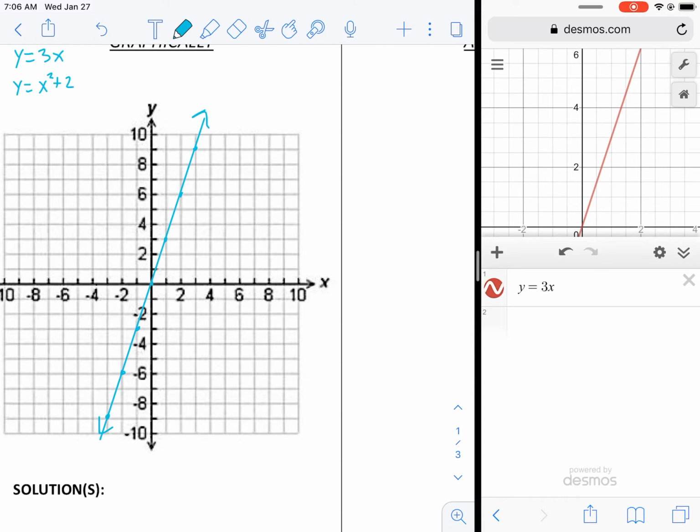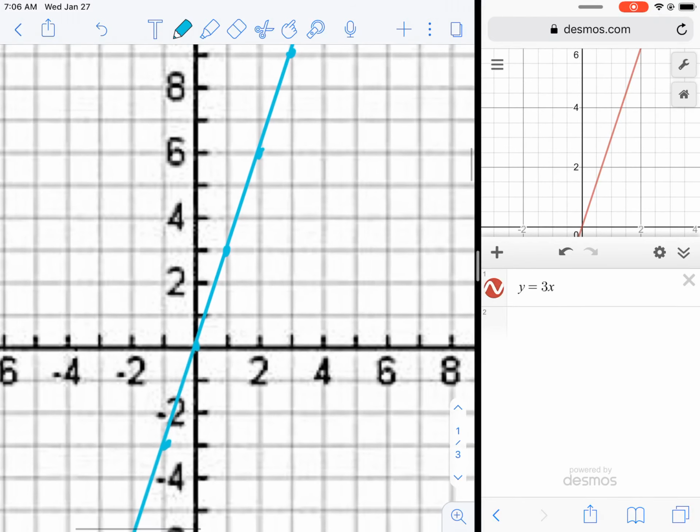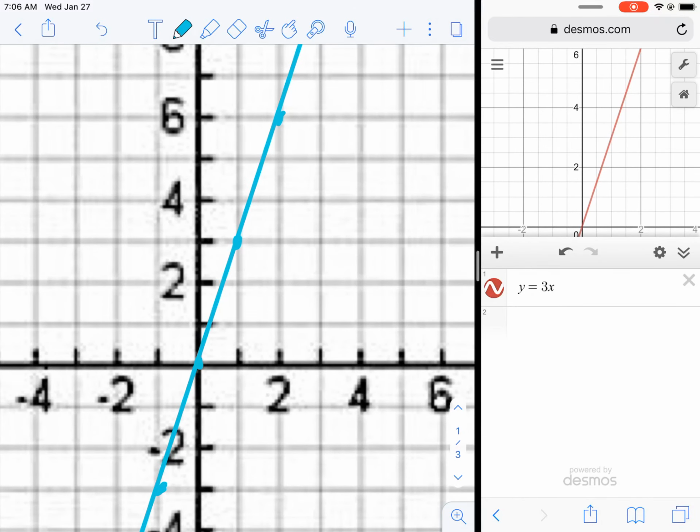Up 3 over 1, up 3 over 1. And then y equals x squared plus 2, well, you should know that's a U up 2. So we'd be going up 2, and then you go over 1 like that, and then over another and up 4. So it actually hits both those points right there. So here's our U. Not the best U, but you can see that here are the two intersection points right there.